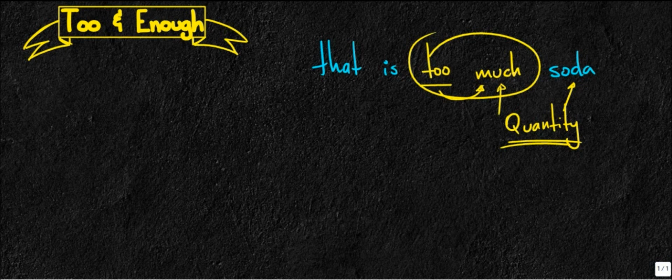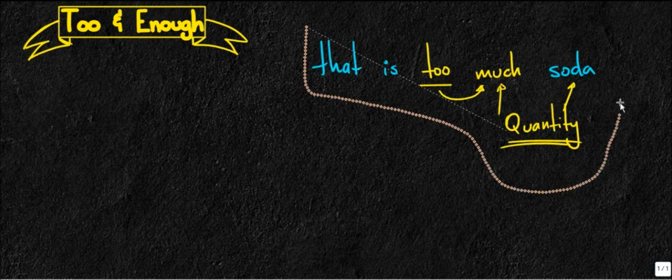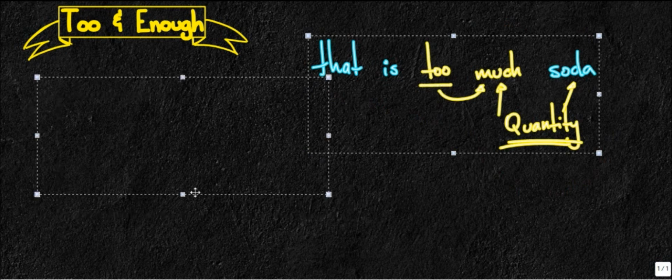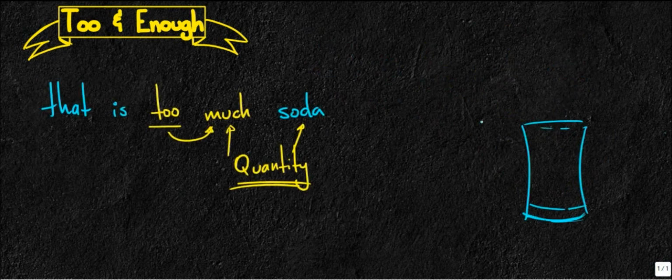All right. I'll do a little drawing. Maybe with a little drawing it'll be more understandable. So let's say, for example, that I have a cup, and I'm going to move this sentence a little bit over to the other side just so I can have some space. Okay. So I have a cup, and I start to put soda in this cup.